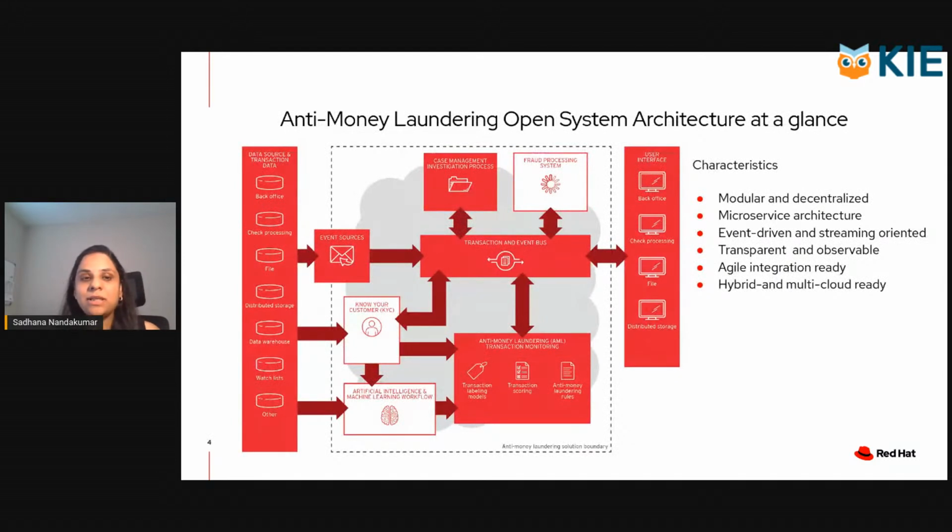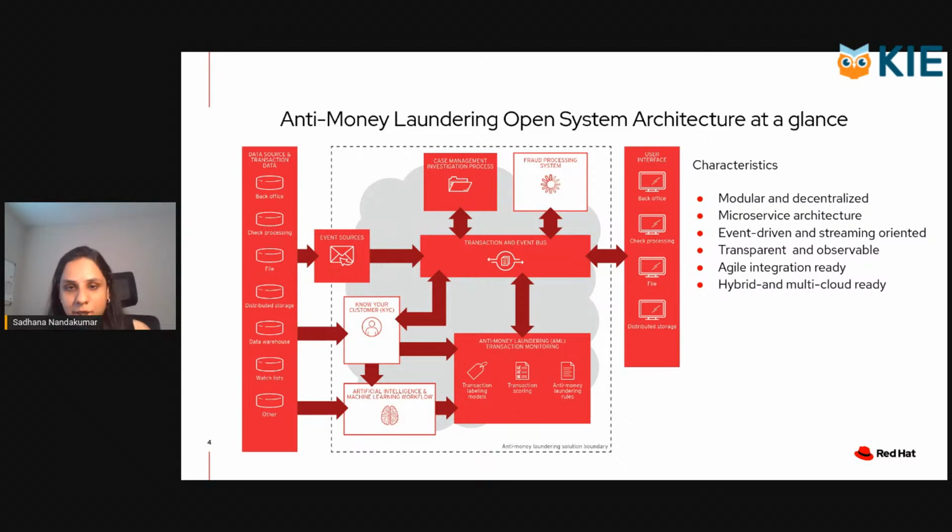So that's basically the open systems architecture at a glance. You can see that, as I've been talking about, there is data that's spread across different data sources. Your transaction data can be performed from an omni channel by the customer. And as this transaction data comes in, we want to be able to take action on it by performing something called transaction monitoring or scoring.